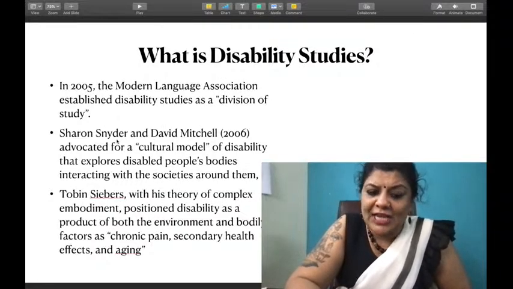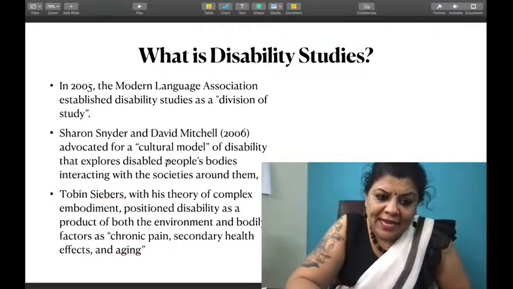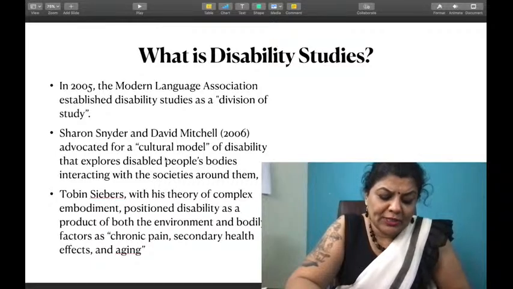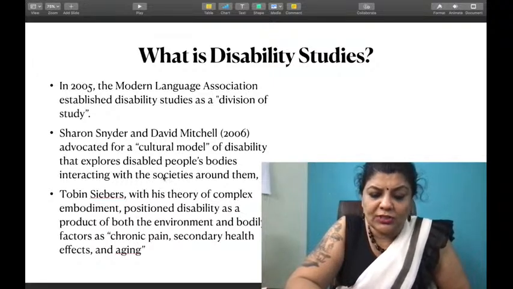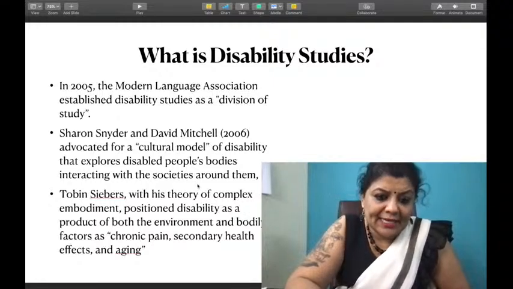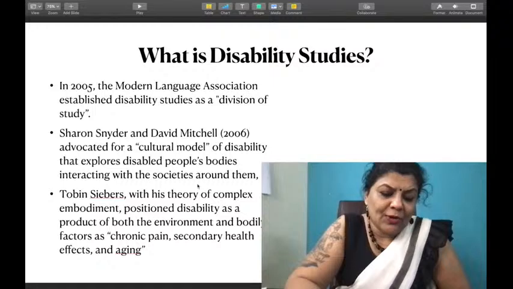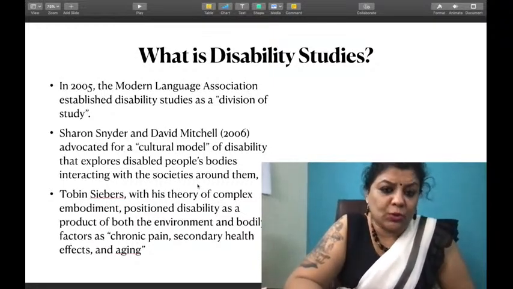Very famous Sharon Snyder and David Mitchell advocated for a cultural model. So there is a social model of disability and a cultural model of disability. It explores disabled people's bodies interacting with the societies around them. Psychoanalysis can be applied in any of these, queer studies or disability studies also.